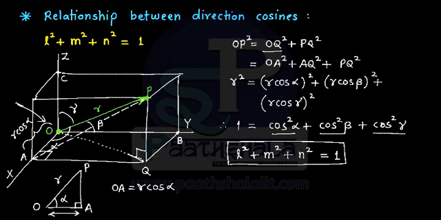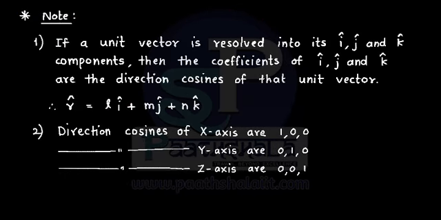Let's move ahead and see important points or some shortcuts that we use in solving the sums. So note, if a unit vector is resolved into its i, j and k components, then the coefficients of i, j and k are the direction cosines of that unit vector.